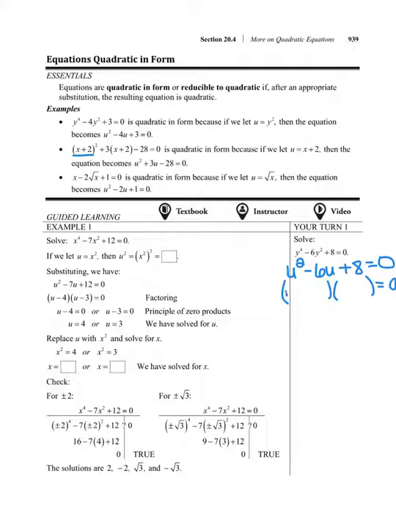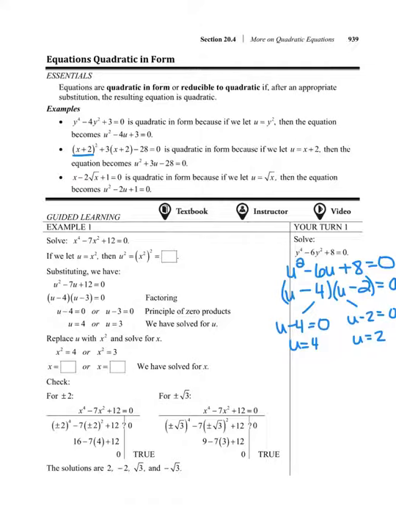So u squared is u times u, and I'm looking for two numbers that multiply to make 8 and add to negative 6. So 4 times 2 is 8, and negative 2 and negative 4 is negative 6. So then setting each of these equal to 0, u minus 4 equals 0, u minus 2 equals 0. So u equals 4 and u equals 2.